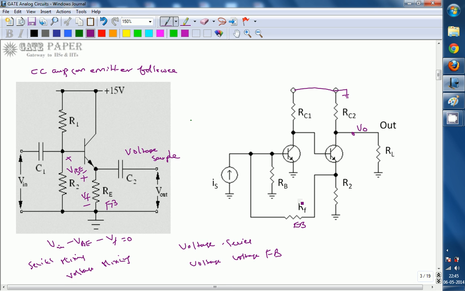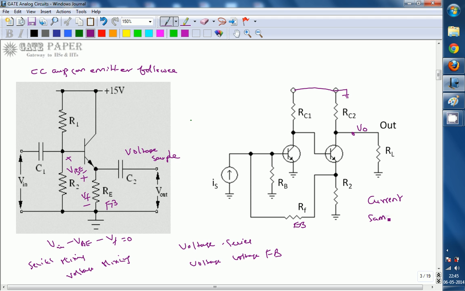So if you are observing, the voltage across this RF is nothing but a part of the output loop. So you can take the output loop in this way also towards the ground. So here the voltage across the feedback element is from the output loop, not from the output node. So this is going to be called a current sample.